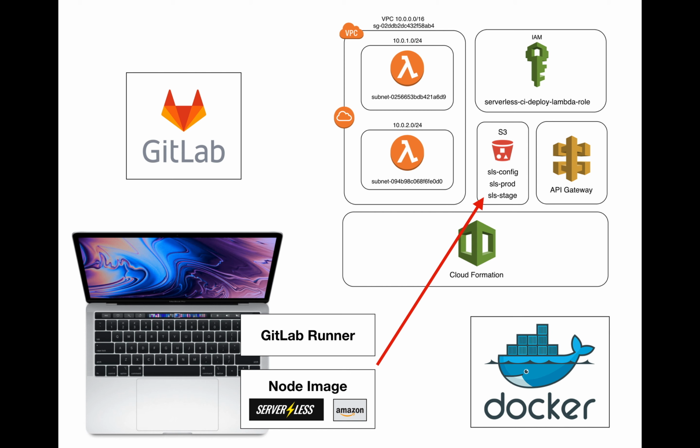So serverless creates CloudFormation templates and uploads those templates to the proper bucket. In this case, it's going to store that CloudFormation template file in the SLS stage bucket, and then serverless will instruct CloudFormation to pull those template files and deploy all of the resources in AWS.